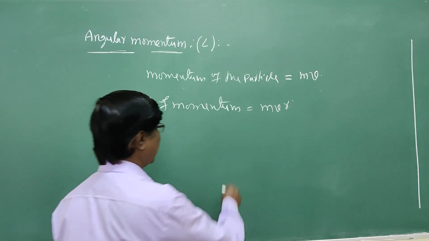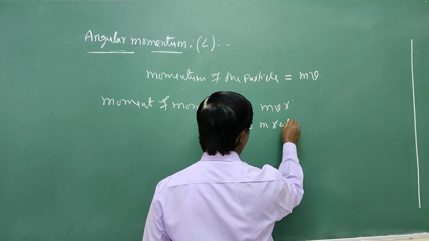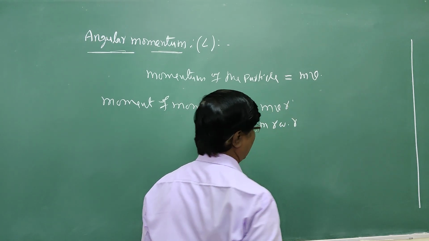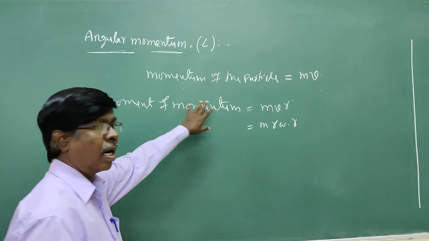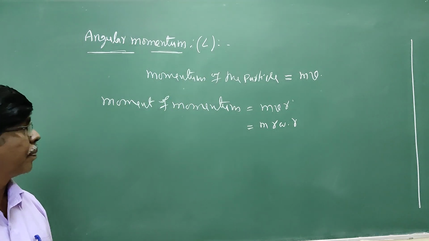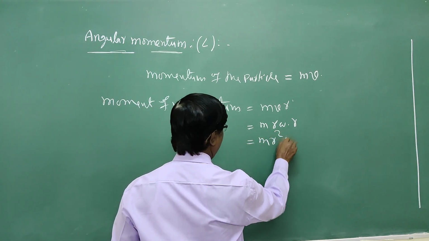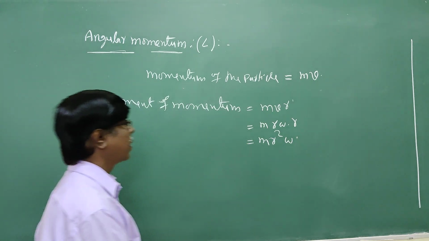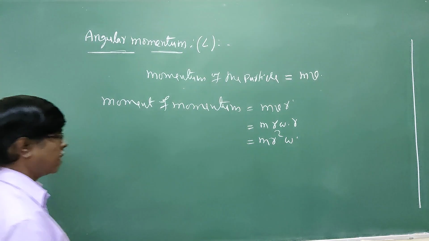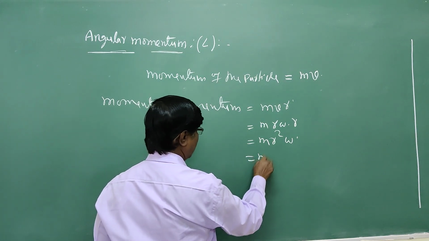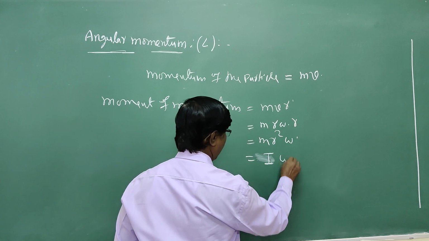Hence this can be written as m r omega into r, which is m r square omega, called the angular momentum. Hence m r square is nothing but I, so we get I omega.